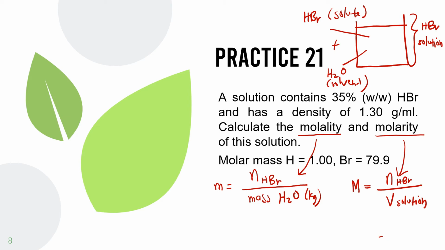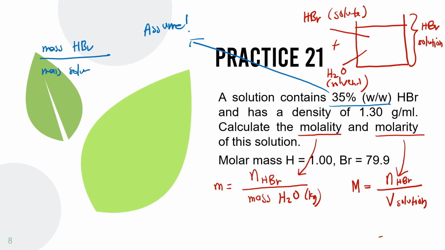Now, from the percentage by mass, what can we get? Of course, you can make an assumption, because according to the formula, it is mass of solute over mass of solution times 100%. So from the value of 35% HBr, you can make an assumption.